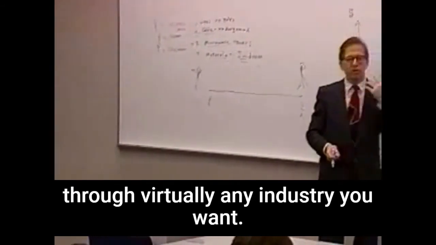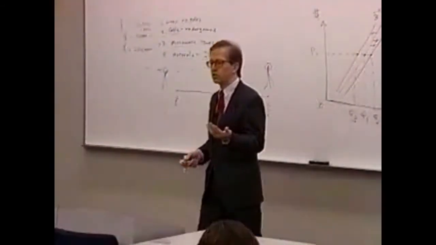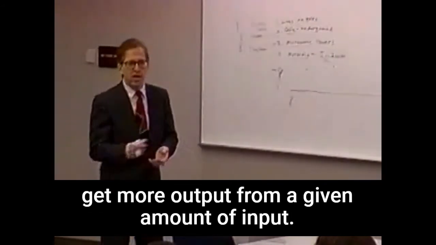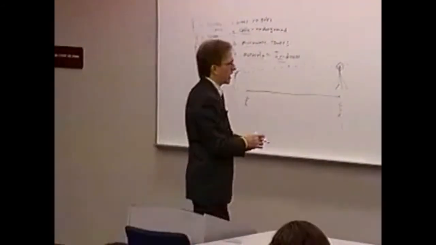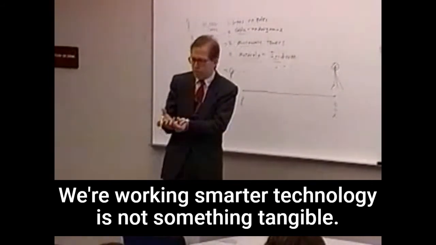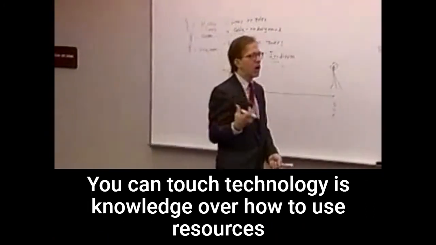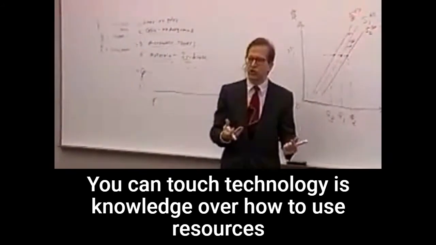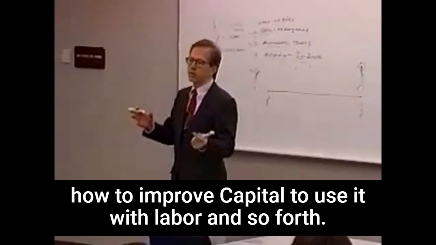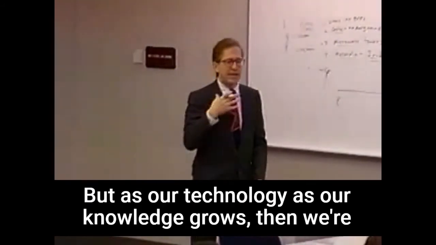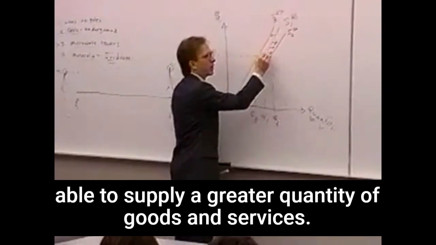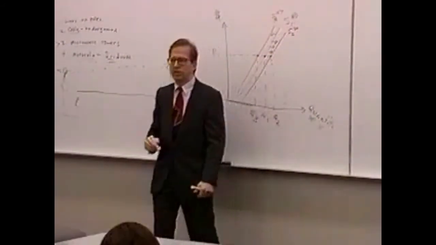But you can go through virtually any industry and think about how the technology has changed and how we get more output from a given amount of input. How do we do that? We're working smarter. Technology is not something tangible you can touch. Technology is knowledge over how to use resources, how to take natural resources and combine them into capital, how to improve capital, to use it with labor and so forth. But as our knowledge grows, we're able to supply a greater quantity of goods and services.